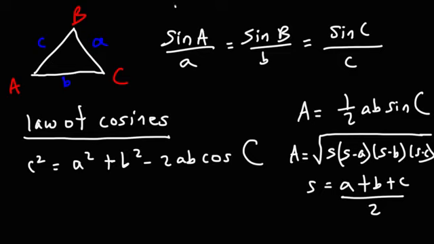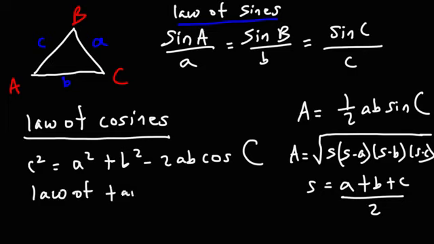So far, we've talked about the law of sines. We've covered the law of cosines. But it turns out that there's something else known as the law of tangents. This formula is not a commonly used formula, but it exists. And here it is for those of you who are curious.